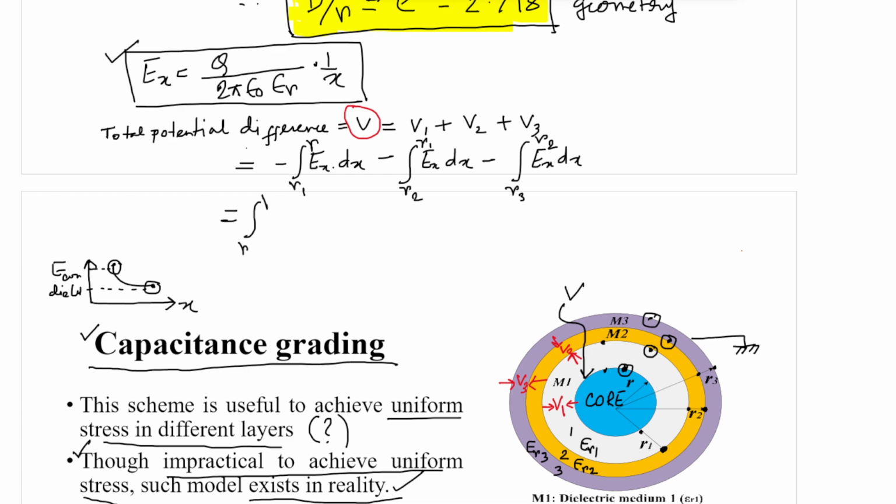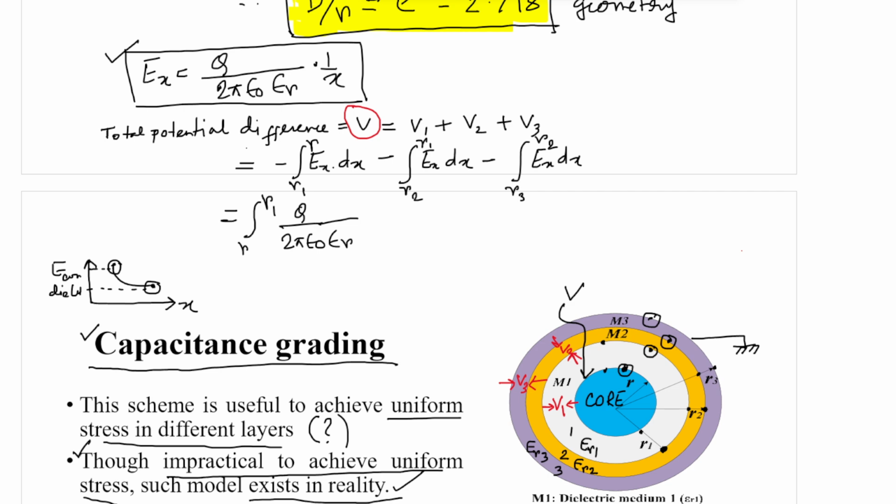It will become small r to small r1. Now Ex should be Q by 2 pi epsilon 0. As you see, the integration is done from R to R1, that means in this medium.